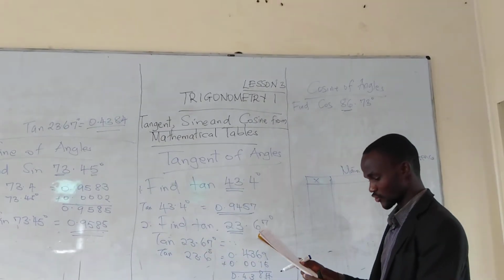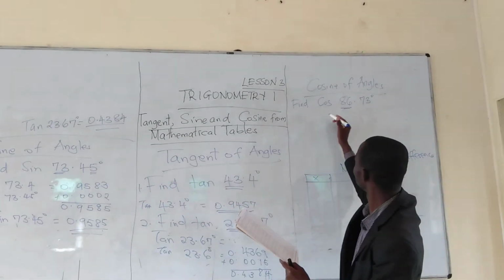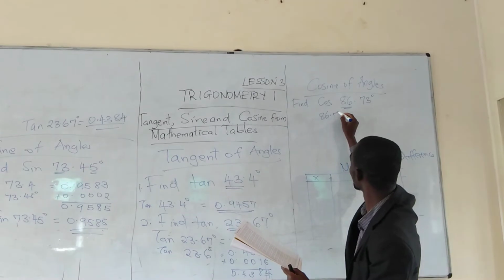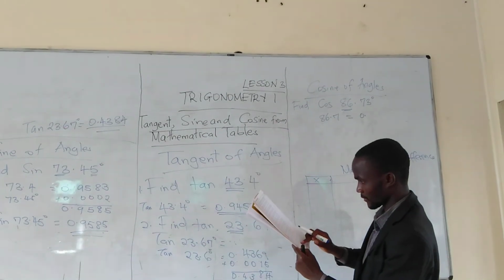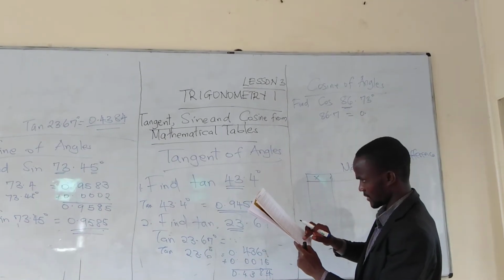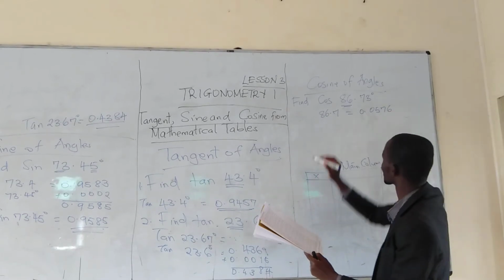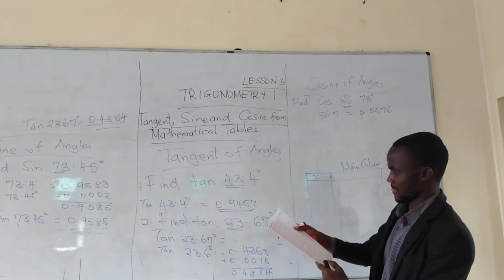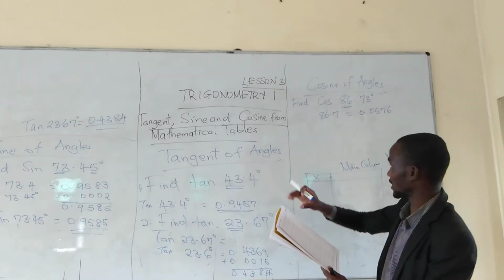We are at row 86. Then we move to 7 in the main column. So we have 86.7. This will be 0. So we go to 0.7, and we have 0.576. And then now the mean difference. Now remember, you have been directed to subtract.